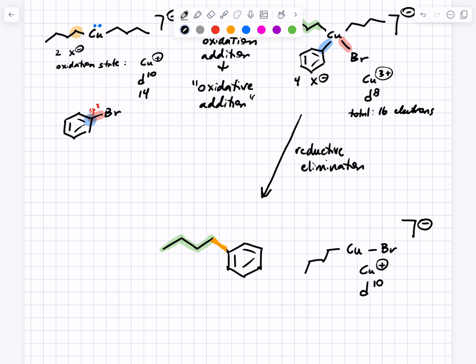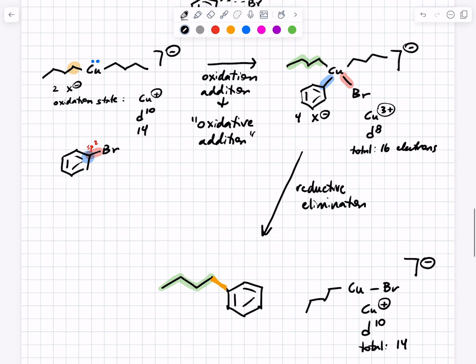It now has 10 d electrons, and its total surrounded by is only 14. So you can infer by this that we took two of the electrons in one of these ligand metal bonds and we used them to make the new carbon-carbon bond, and then the other two electrons went back to copper.